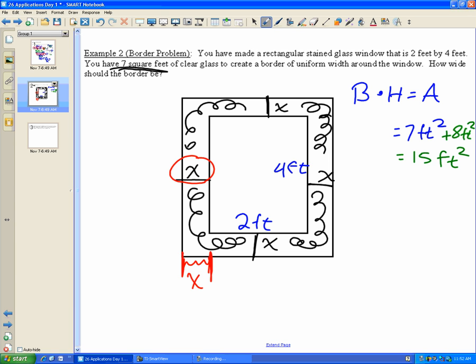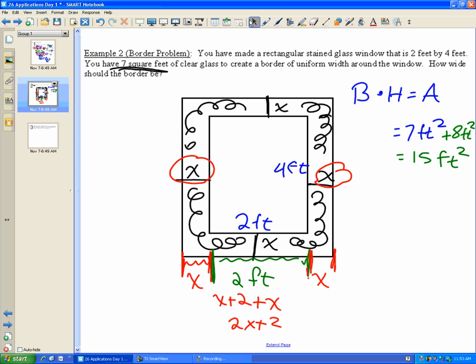My length from this center point to here, I already know is 2 feet. And my last length, starting here and going to the end, I again know is x feet. So my base is x plus 2 plus x, or 2x plus 2.